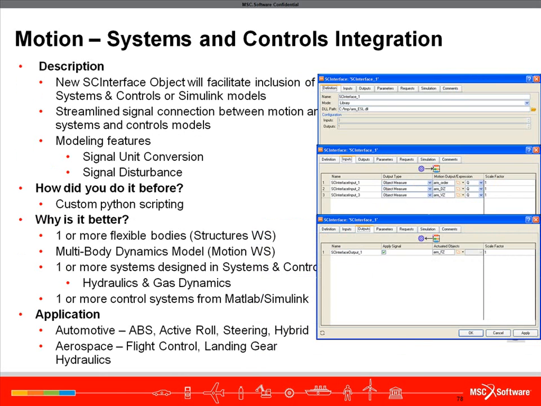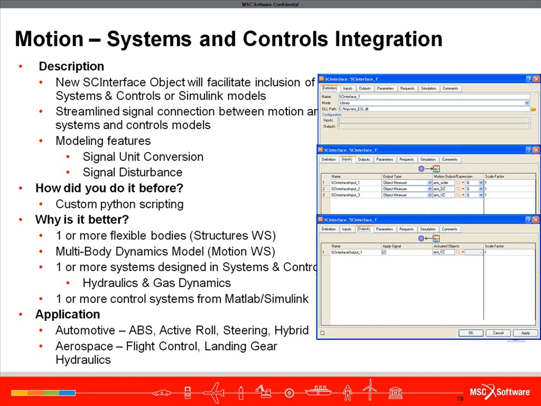As I said before, we have now introduced a systems and controls workspace with this release, and in the motion workspace we have a clear integration with the systems and controls workspace, with the SC interface objects. The new SC interface objects will facilitate the inclusion of systems and controls and/or Simulink models in the motion environment.